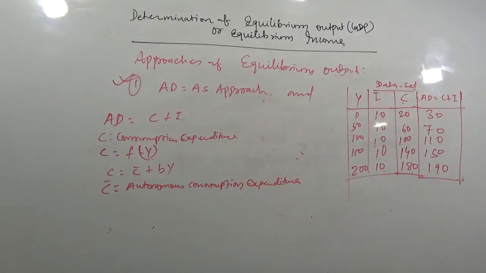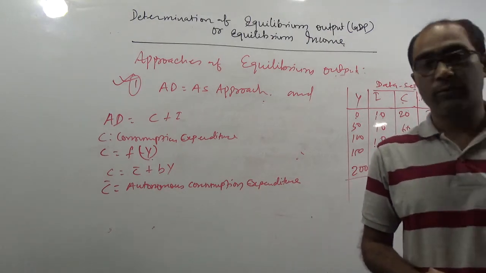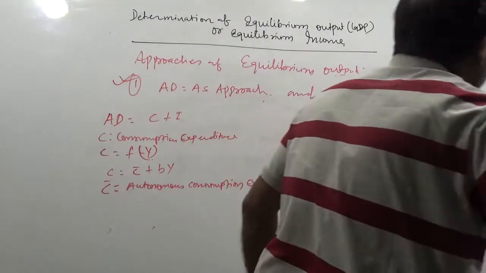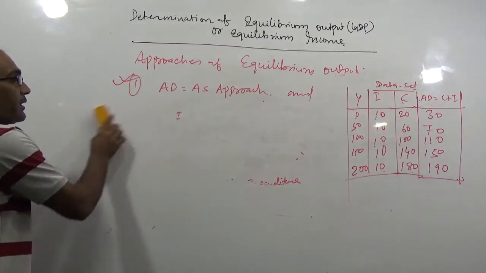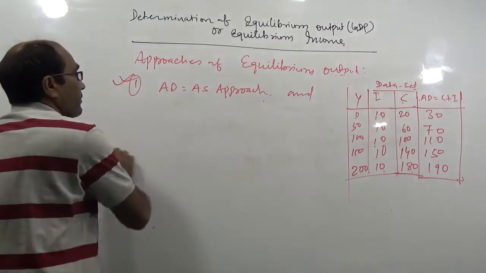As we are aware, our income may be considered as AS, since AS must equal the level of income. So we can show the values of AD and AS both on the same diagram.